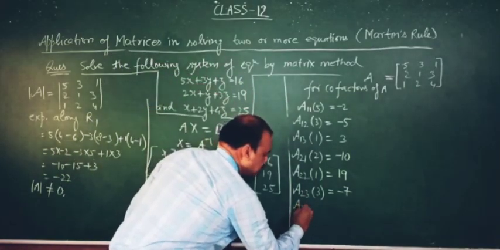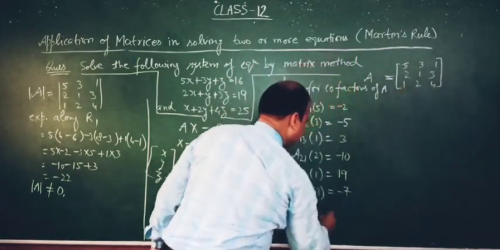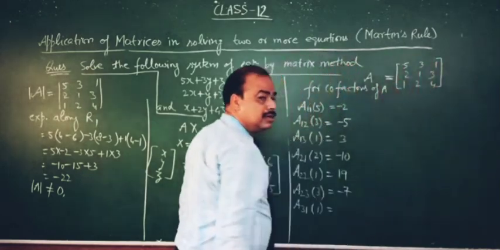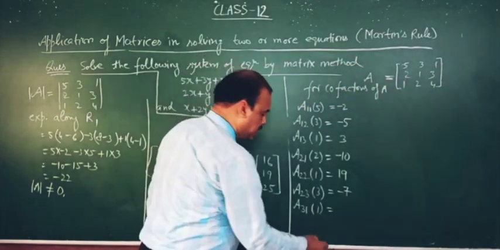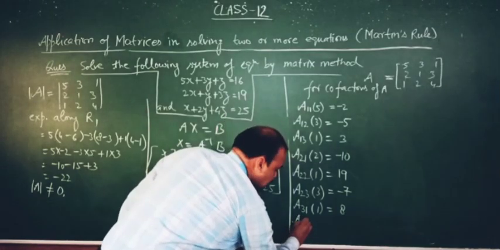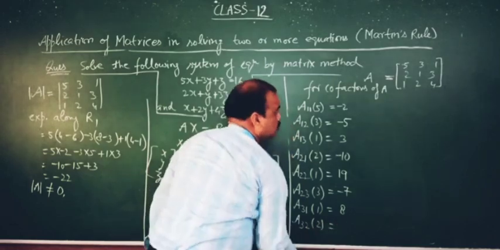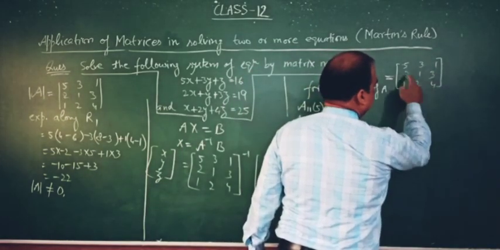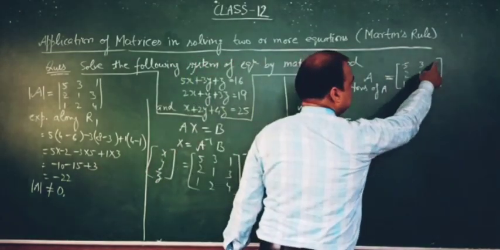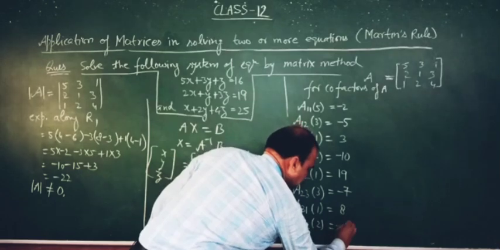Cofactor of third row first column: 9 minus 1 equals 8. Cofactor of third row second column: 15 minus 2, it means 13, the sign will be changed, negative 13.